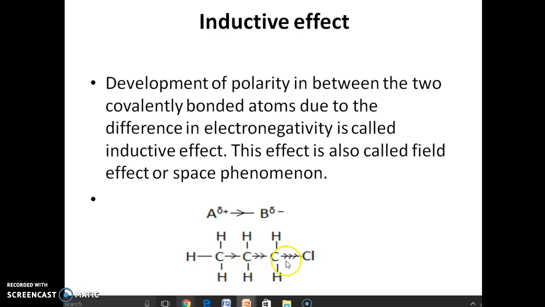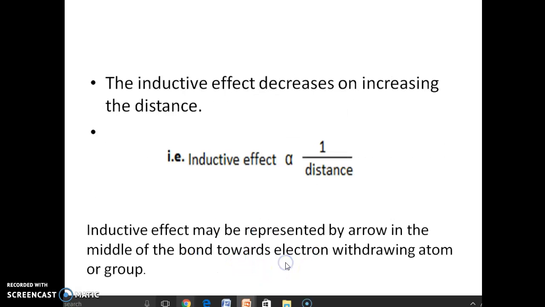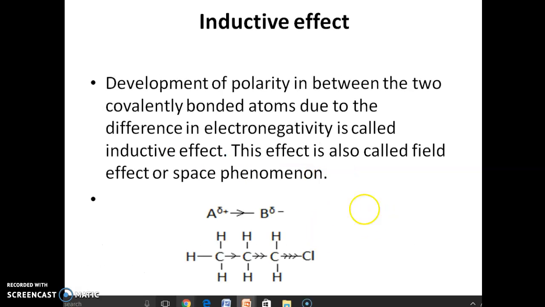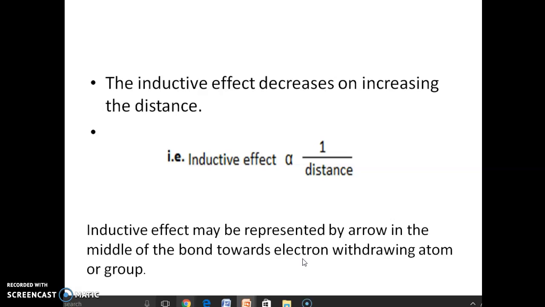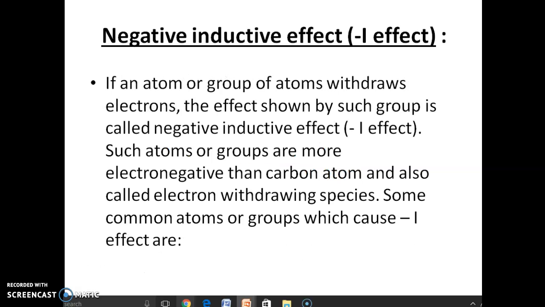This is also an arrow which is indicating the inductive effect, that is, an arrow in the middle of the bond towards the electron withdrawing group. So you can see the arrow is between the two atoms, pointing towards the more electronegative atom or electron withdrawing group.